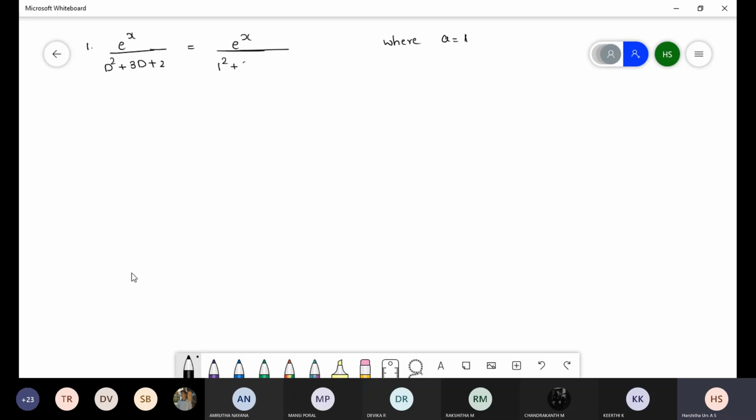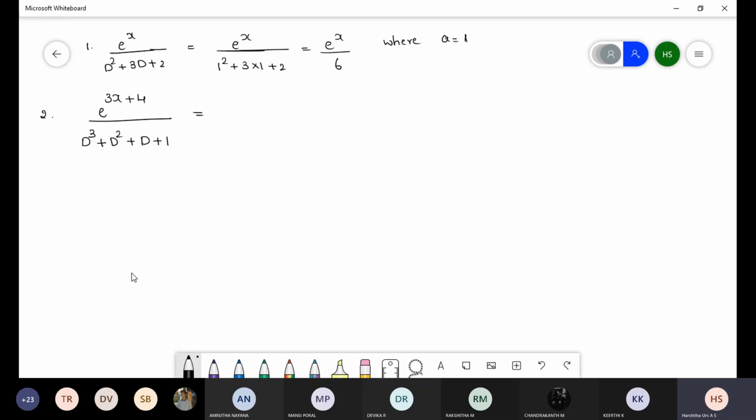So 1 square plus 3 into 1 plus 2. So e power x divided by 6. This is the answer.